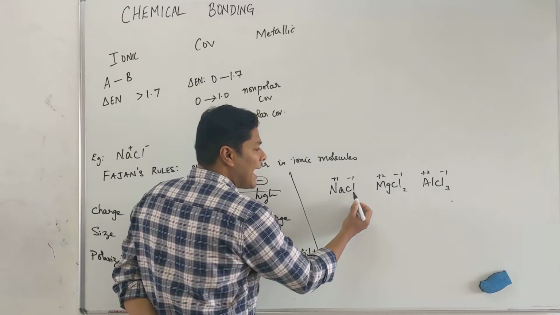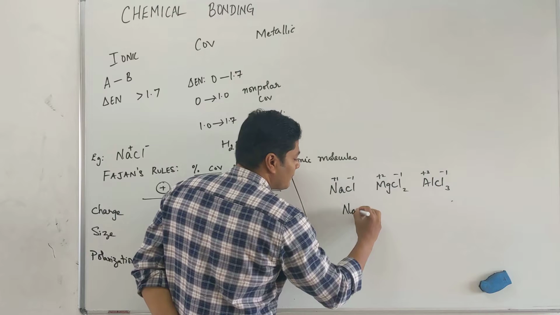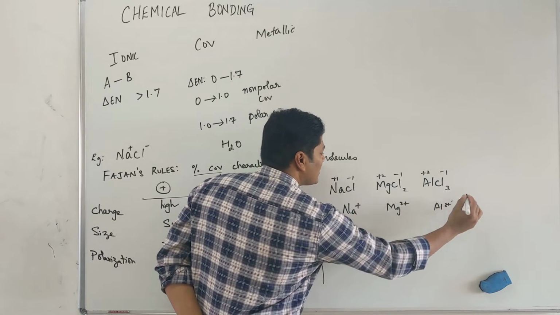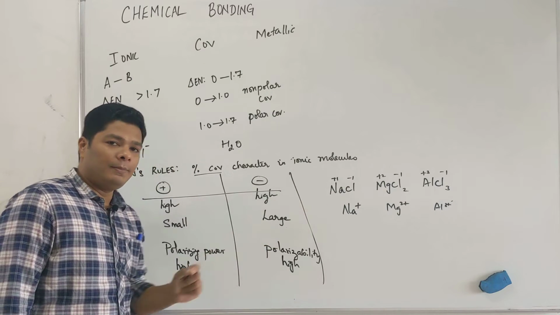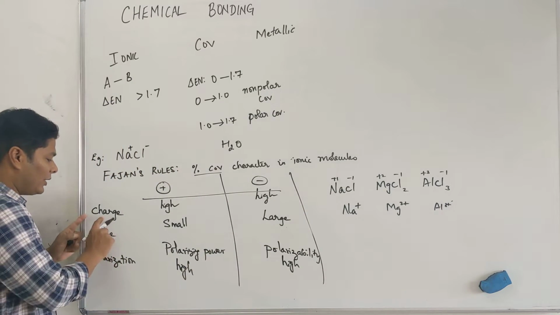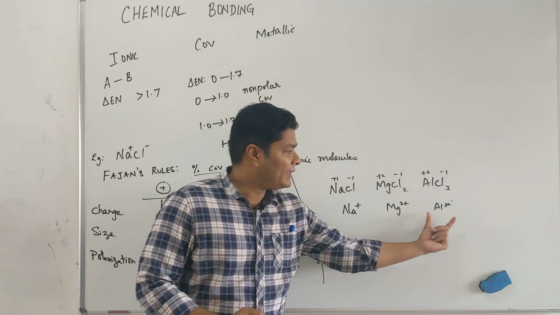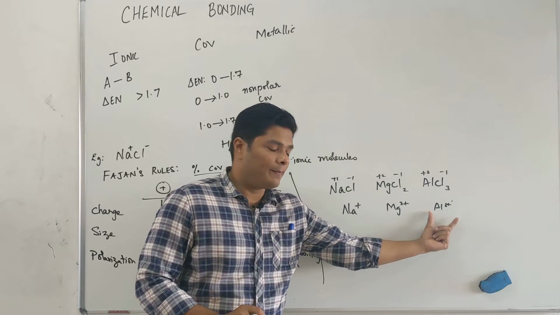When you look at it, the anion is similar, so I can ignore the anion. The cations are Na plus, Mg2 plus, Al3 plus, and they are in the same period. I can look at charge. I want a very high charge, so this is the highest charge among them. Very high charge makes it most covalent.